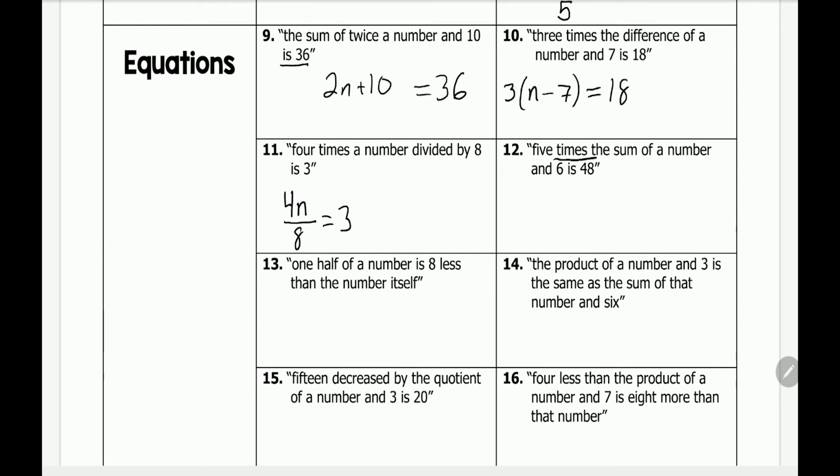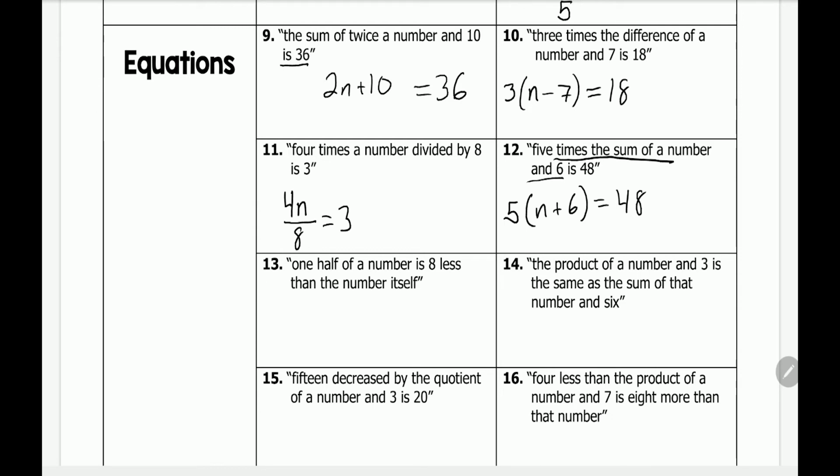This times the sum of a number and 6 tells me there's going to be parentheses. So we have 5 times the sum of a number and 6, so n plus 6 is 48, so that's equal to 48.